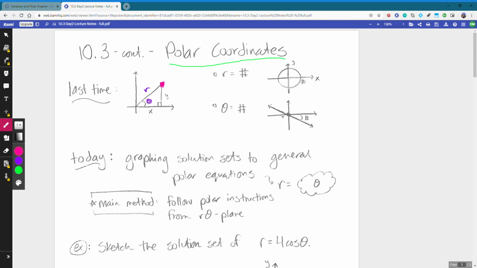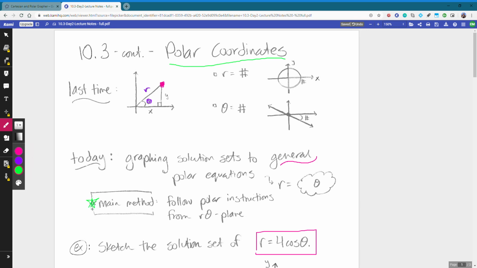What we're going to do today is look at graphing solution sets to general polar equations, where we have r equals some function of theta. And this was the curve that we saw last time, gave us a circle, and we saw this through taking our equation and translating it into a rectangular equation using our formulas.